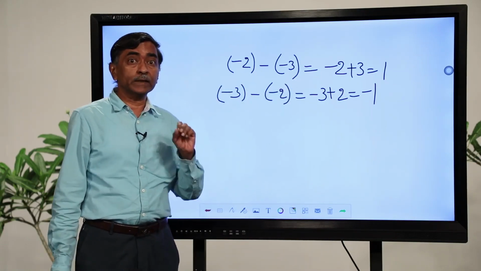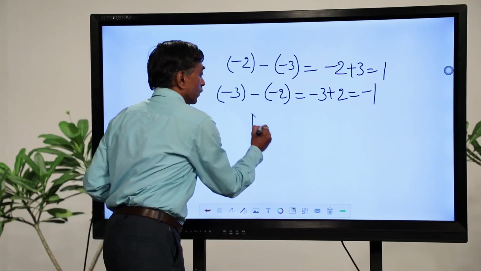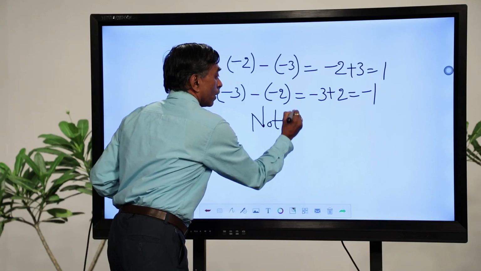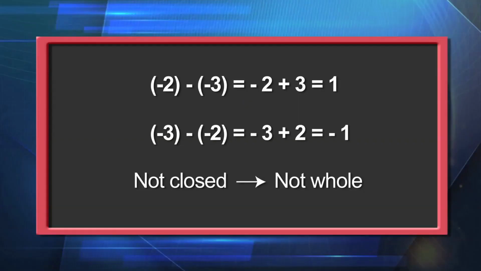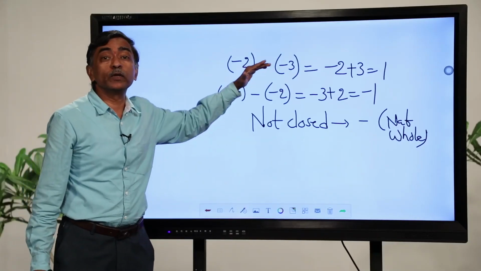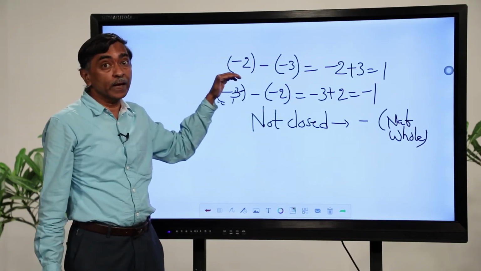When I talk of natural numbers and whole numbers, they were not closed under the operation of subtraction. They were not closed, so they are not commutative as well.